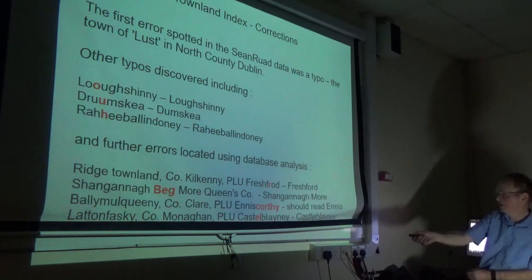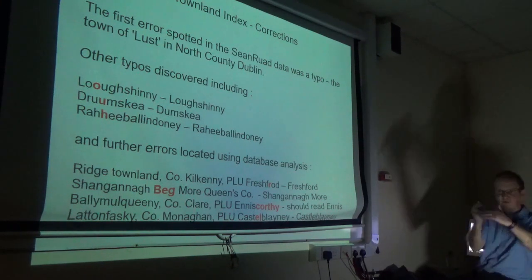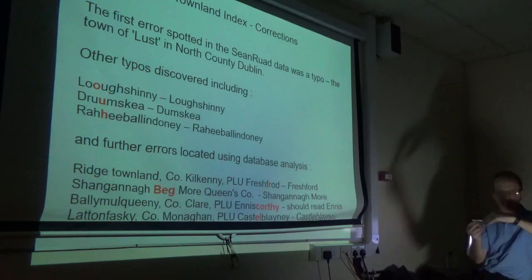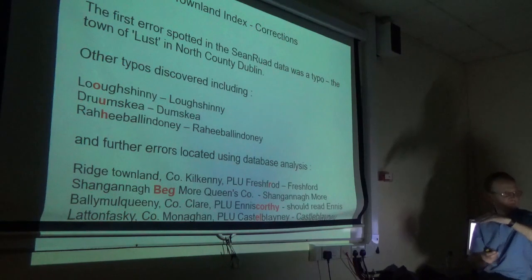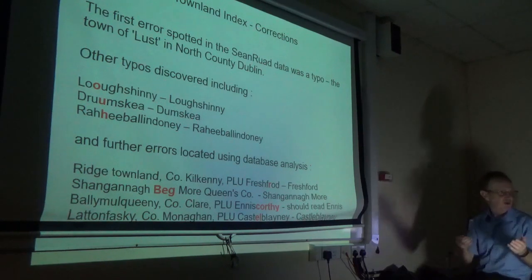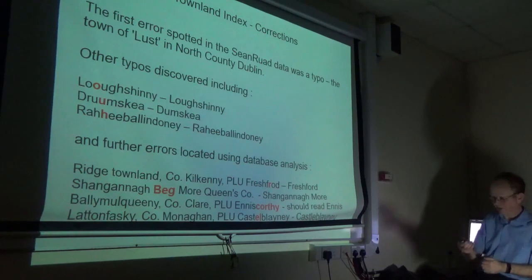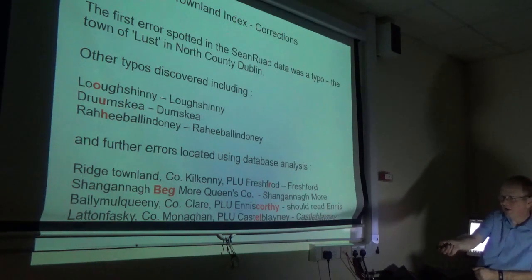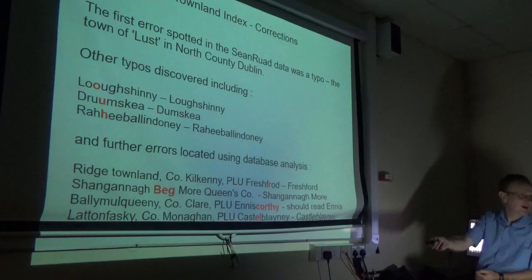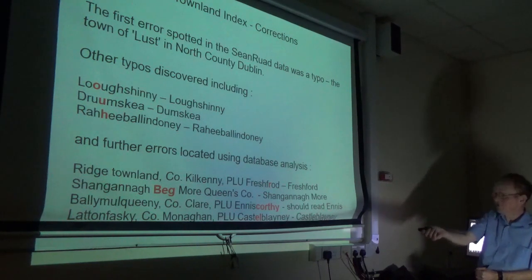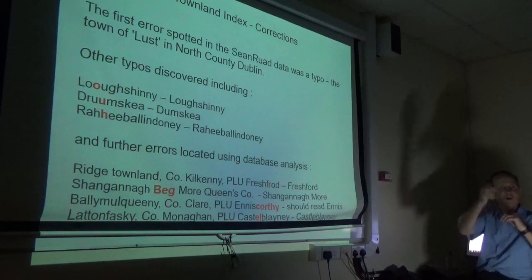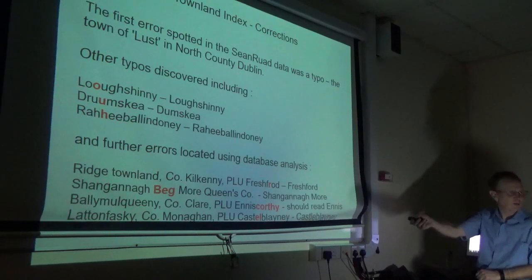It's obviously rubbish, it should be Ennis. So probably when he was transcribing it, he looked at the one above or the one below, or it was an auto-suggest, though I'm not too sure that was around then. And there's one at the end there, Latin Fasci, Castle Blaney, spelled wrong. Which is kind of innocent in itself, but if you were doing a search for all the townlands in Castle Blaney, that wouldn't show up.